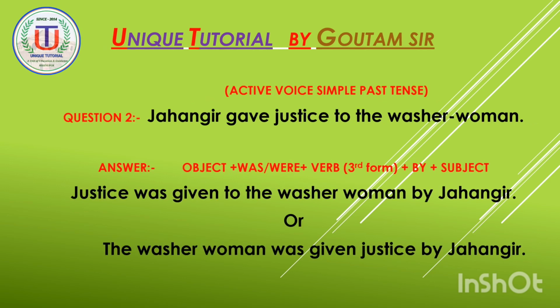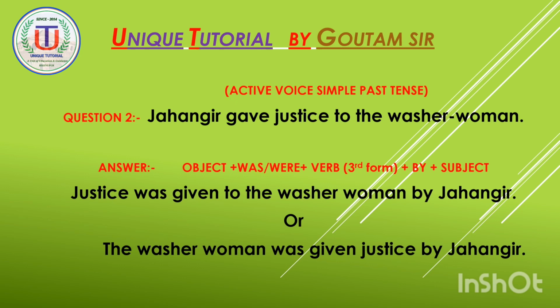Here is the second question. Jahangir gave justice to the washerwoman. The sentence is in active voice and in simple past tense. So to convert this sentence into passive voice, the structure will be: first the object, then an auxiliary verb, that is was or were, then verb third form, then after giving by there will be the subject.